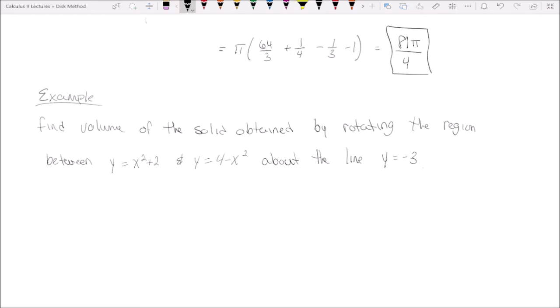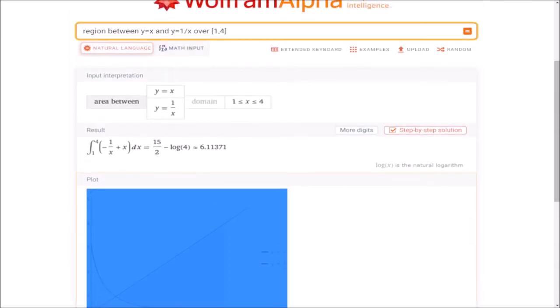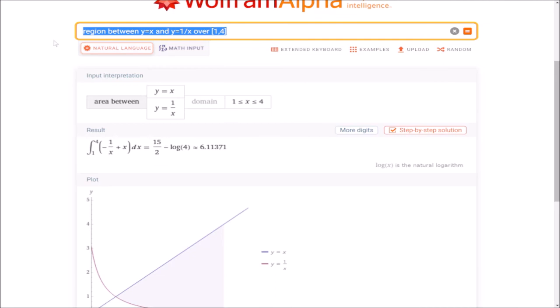This solid happens to be called the wedding band. Let's get a picture. So now we want to show y equals x squared plus 2 and y equals 4 minus x squared and y equals -3.